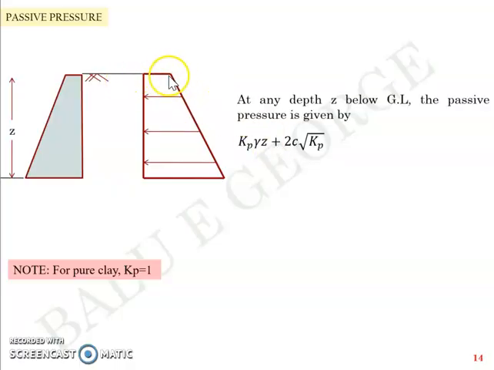Instead, you have a magnitude of 2c root Kp. So you don't have 0, you don't have negative, you have a positive value, 2c root Kp at the top, and Kp gamma Z plus 2c root Kp at the bottom. And again, for pure clay, Kp will be equal to 1.